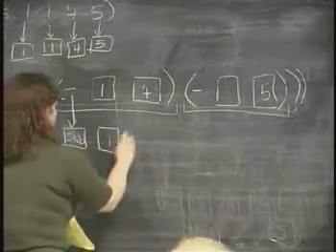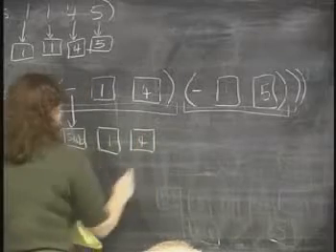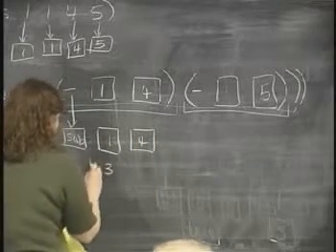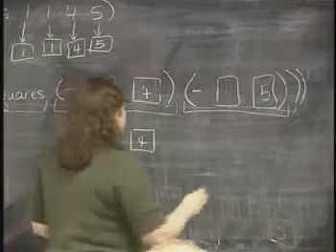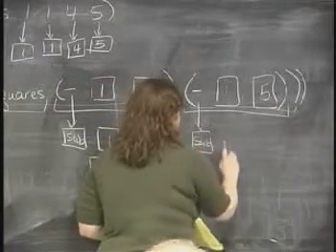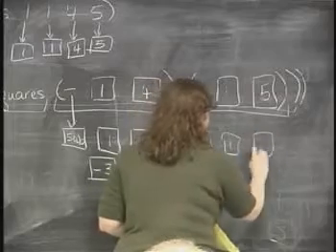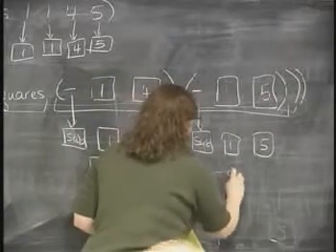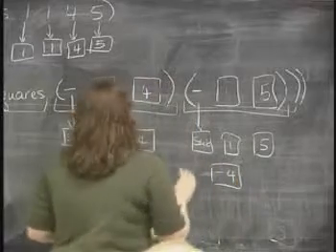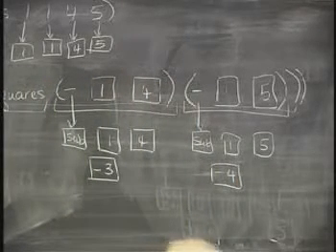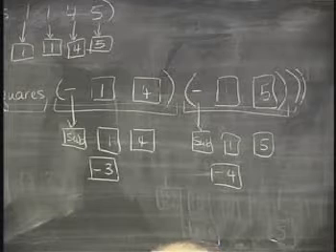Subtract 1 and 4, giving us 3. We're going to subtract 1 and 5, giving us 4. Okay, and then sum-squares is a procedure.